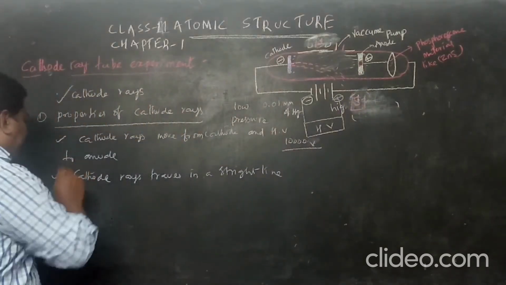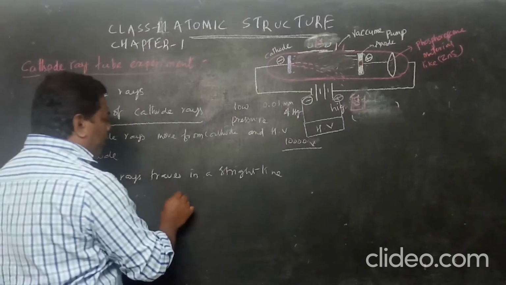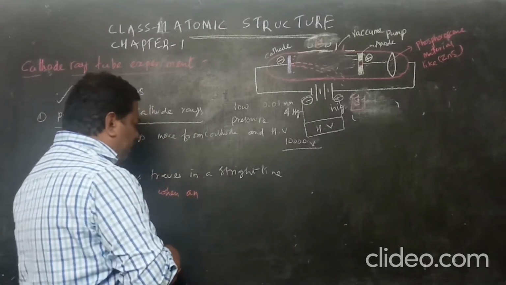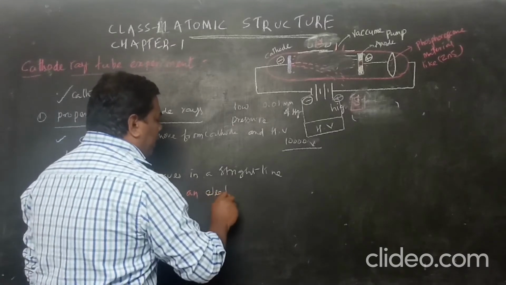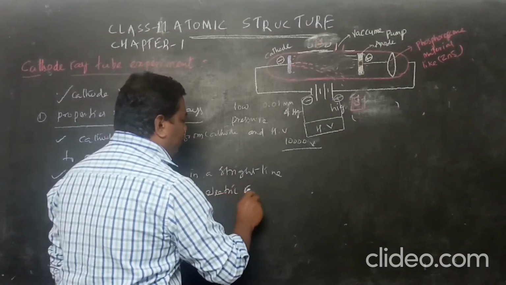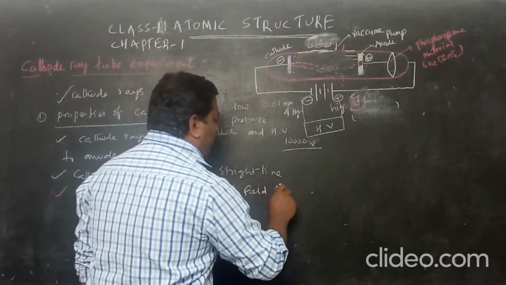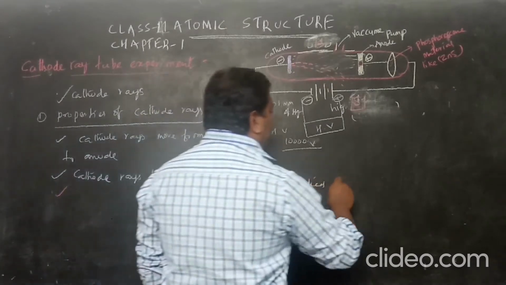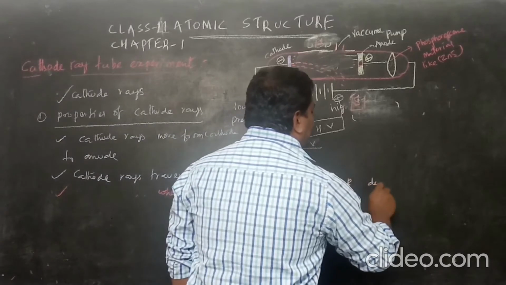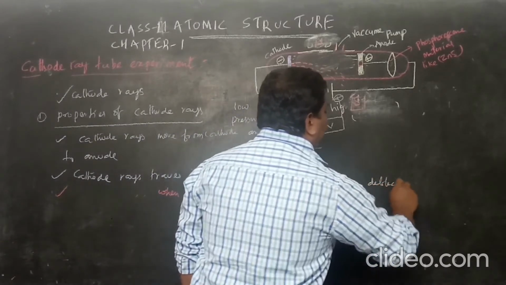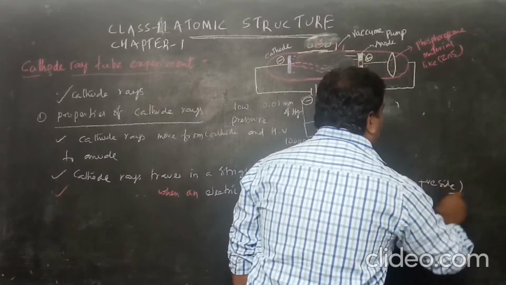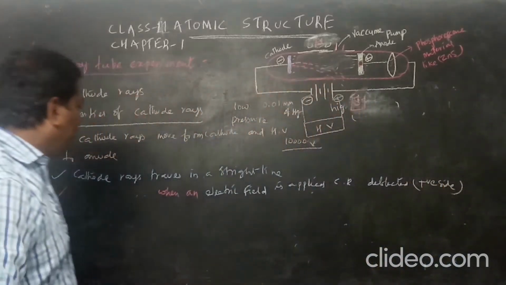Okay, clear, students, right? So when an electric field is applied, cathode rays are deflected to the positive side of the electric field. Okay, clear, right?